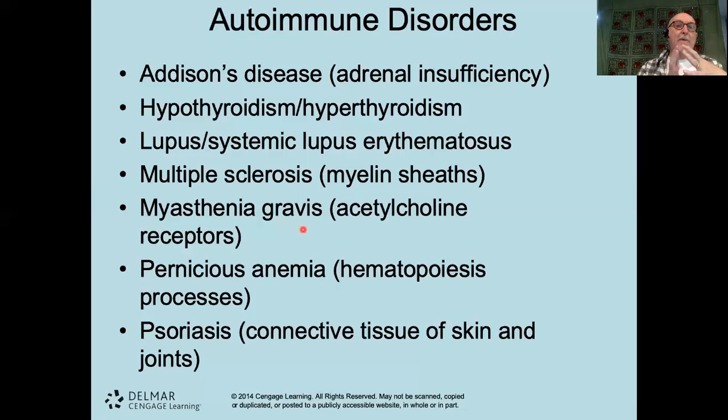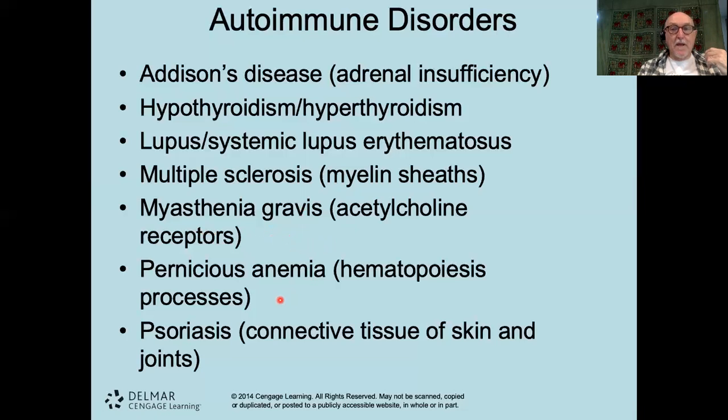The acetylcholine binds to receptors for acetylcholine to cause the muscle contraction. In myasthenia gravis, the autoimmune attack is on the receptors for acetylcholine. So you can release acetylcholine from the nerves, but your muscles simply don't react. So it's a progressive paralytic disease.